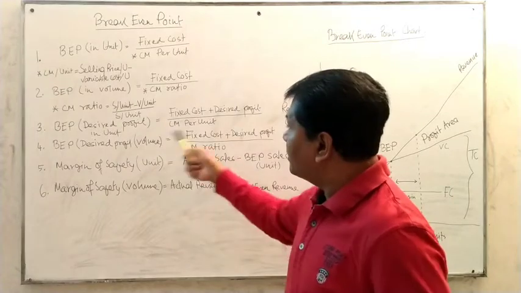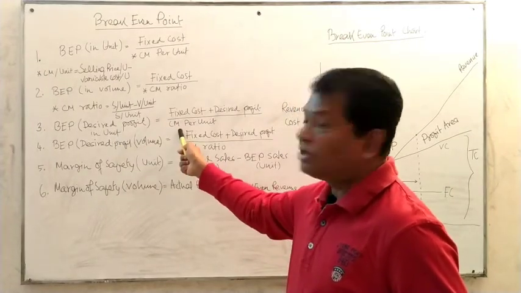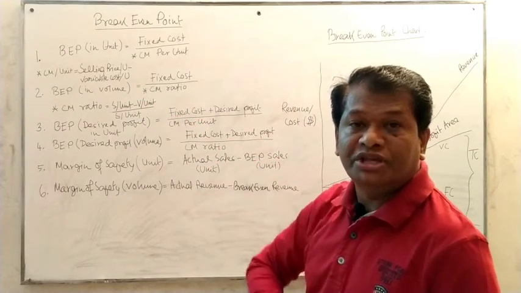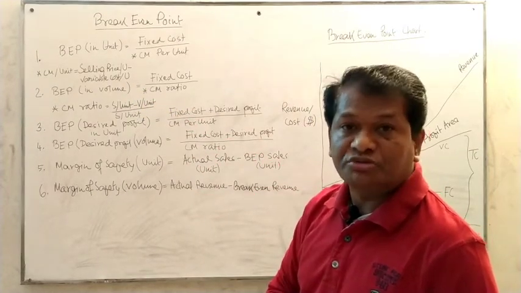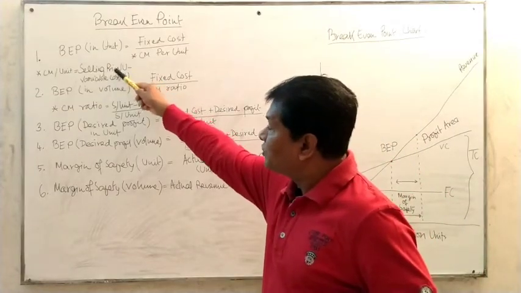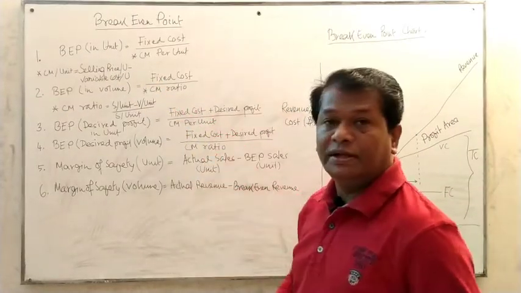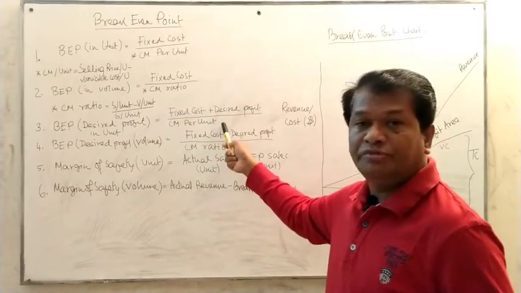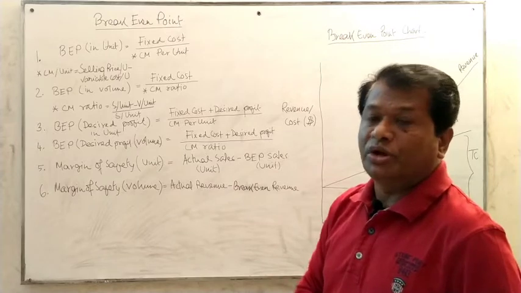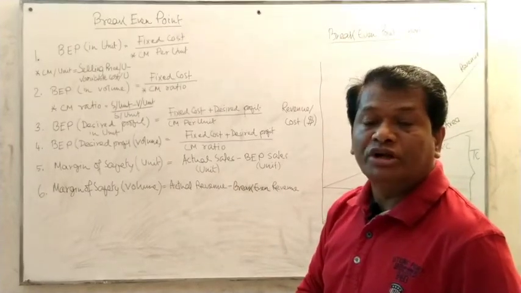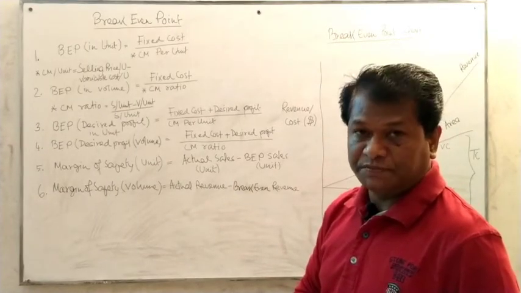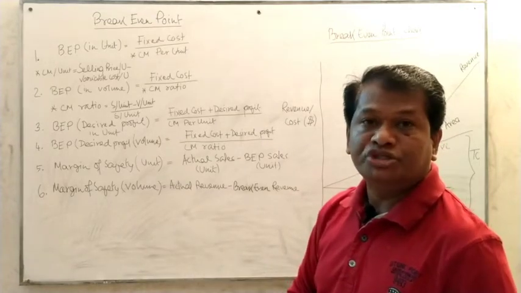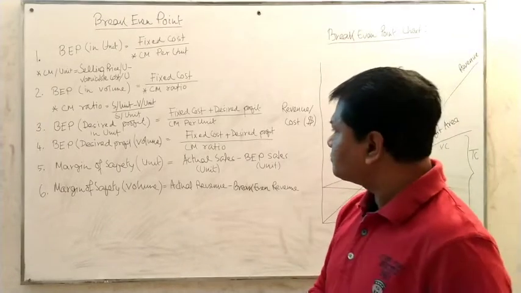That's why I am not showing it over here, but the same formula is used: contribution margin per unit means selling price per unit minus variable cost per unit, which is given. So fixed cost plus desired profit divided by contribution margin per unit. The figure you get is the break-even point for expected profit. Maybe it's 500,000 units or 600,000 units, like that.